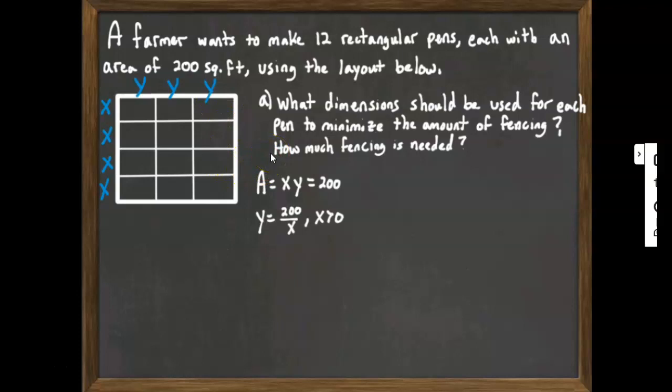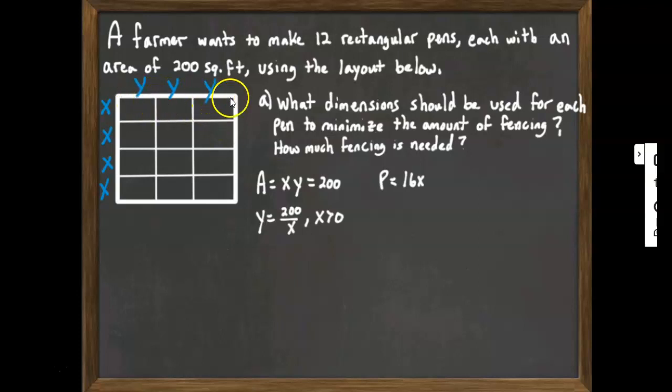So now, how much material are we using? That's our perimeter. If we look here, we have x 4 times along this length. That happens again here, and again here, and again here. It happens 4 times, so x shows up 16 times in the material list.